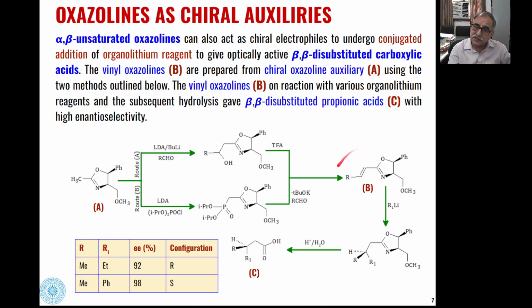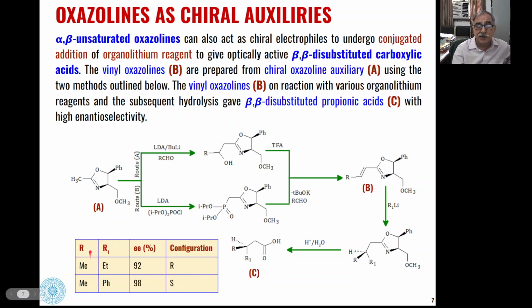And these vinyl oxazolines then will undergo addition reaction at this carbon-carbon double bond in presence of alkyl lithium to give us these types of alkylated 2-oxazoline products. And these intermediates will undergo hydrolysis to give us alpha substituted carboxylic acids as the product.